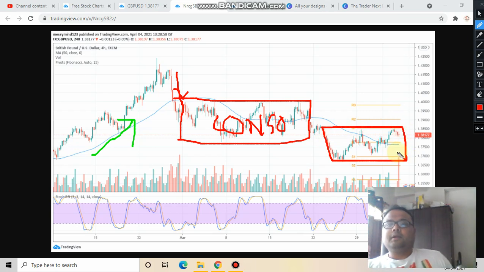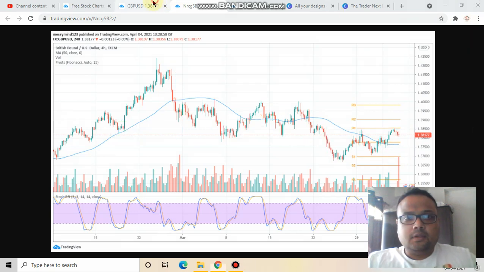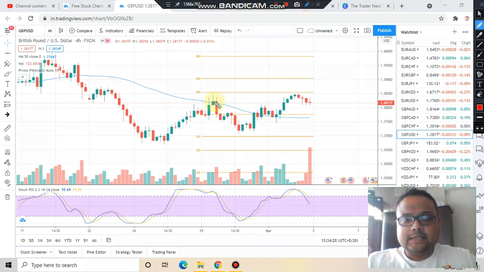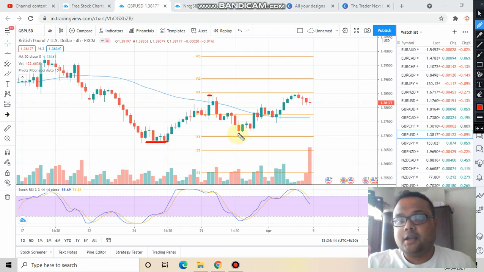But if you look at this particular portion, we can see that market has made this low, market made a high, but market came down again, but this time did not break this previous low, but made a higher low.